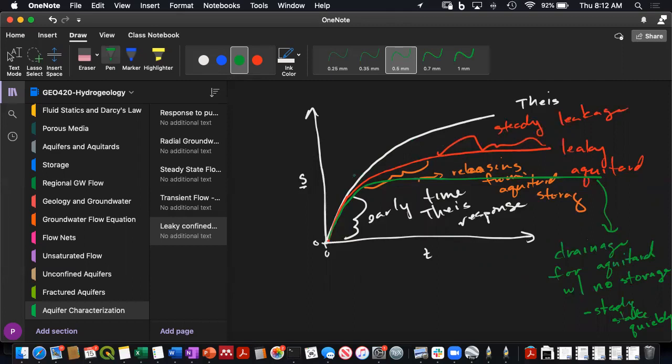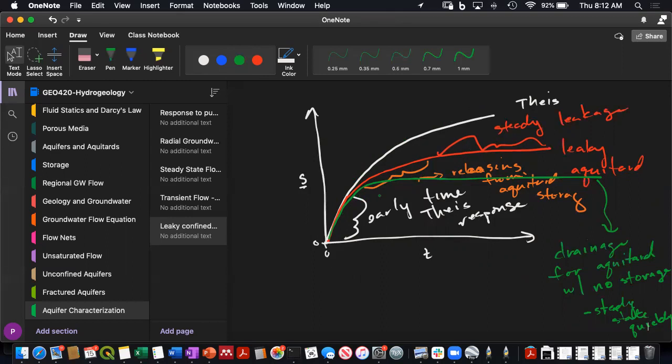All right, so this differs from the Theis response. Aquitard leakage inhibits our drawdown, and there is some variation in how quickly it will achieve steady state. We're going to start off with some synthetic data that will look just like a Theis response, and then we're going to start playing with real data.